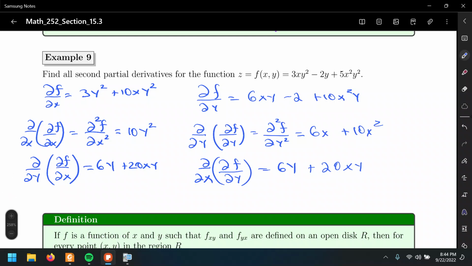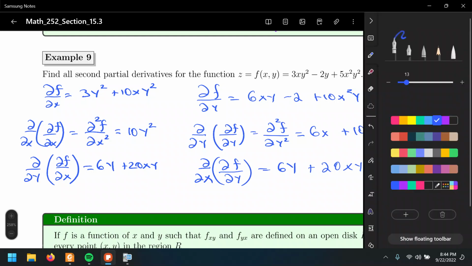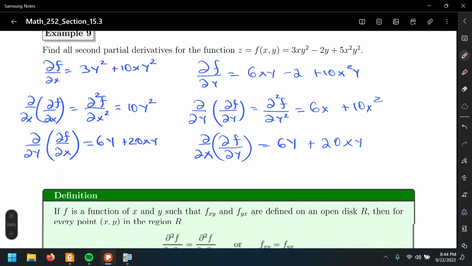These two are equal, right? That's what we call the mixed partial, because it doesn't matter the order you follow to do this, you should get the same result. Alright? And again, what did we do here? Let me just go with the notation.